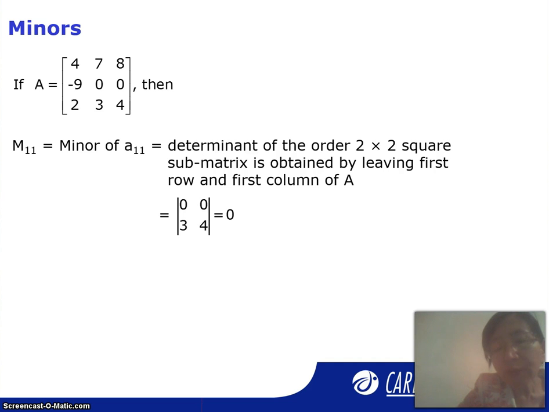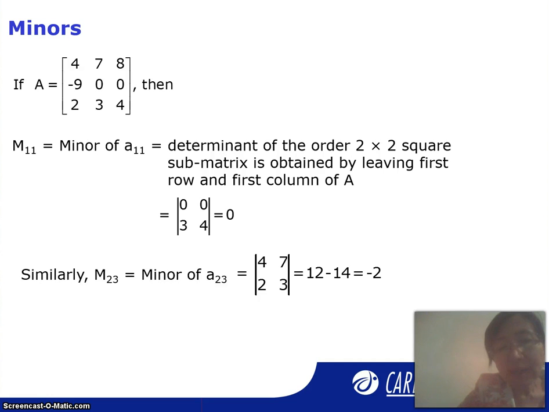Evaluate this determinant. We have 0 multiplies 4 minus 3 multiplies 0. So we have 0 minus 0 equals 0.